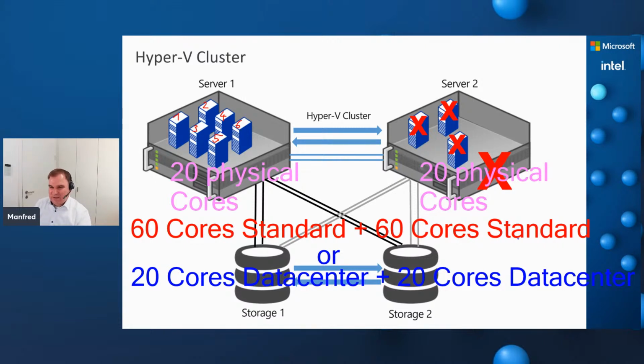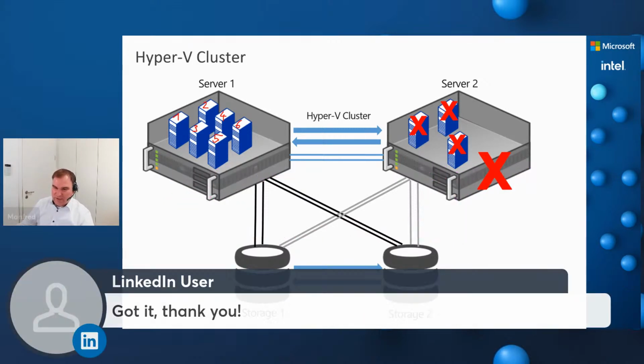This is still cheaper than the Datacenter edition. The break even is usually when you have 10 virtual machines in the cluster. But for sure, the break even is earlier if you have a 3-node or 4-node or 5-node cluster, because as you can see here in the picture, every node has to be licensed.